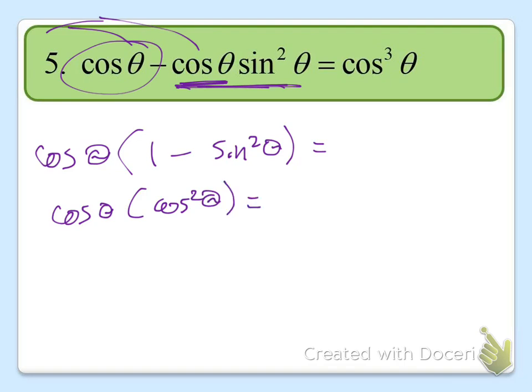And cosine squared times cosine is cosine cubed. And that's what we're trying to get to. Okay? So sometimes you need to factor out.